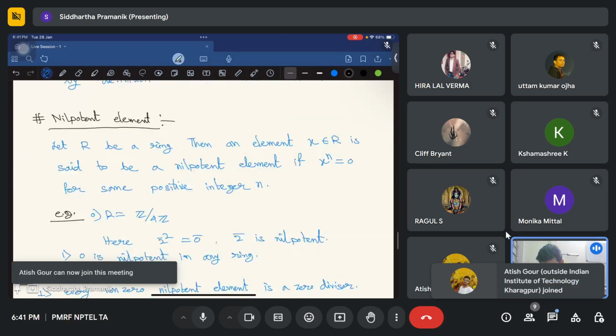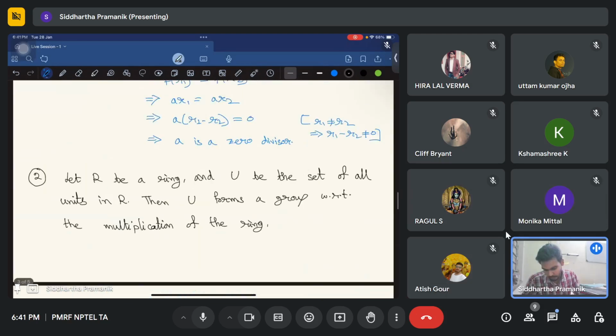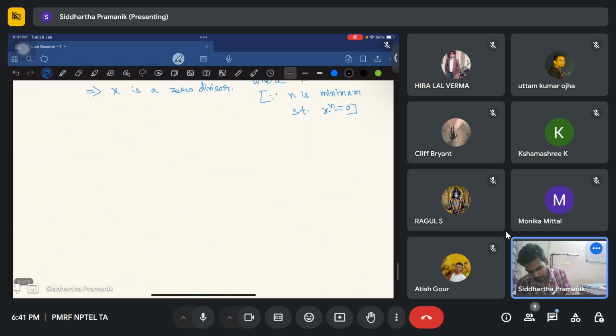So let's go to the next problem. Problem number 3. Let R be a ring. This has many parts. This is the first part.